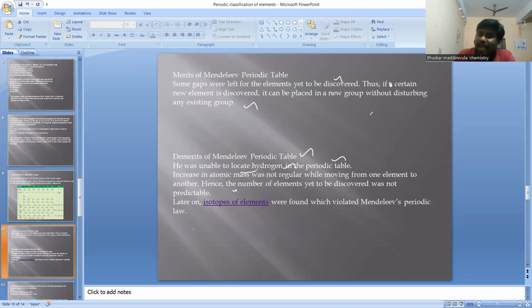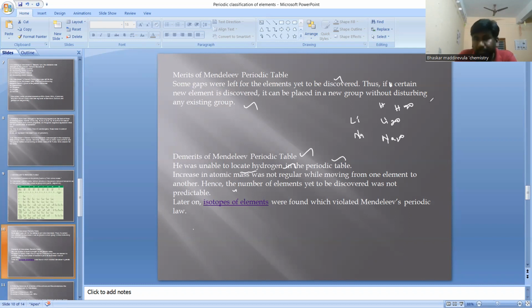Because hydrogen shows properties like the lithium family, the alkali metals. Hydrogen forms the same type of oxides, like H2O, just as lithium forms Li2O and sodium forms Na2O. The same type of oxides it possesses.